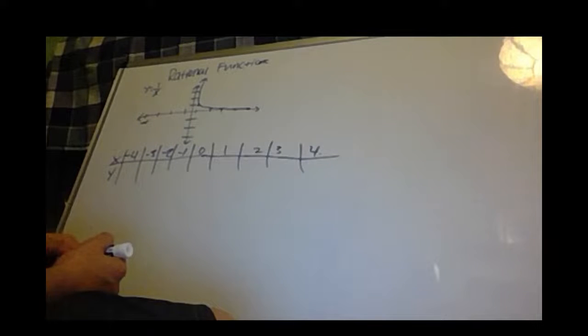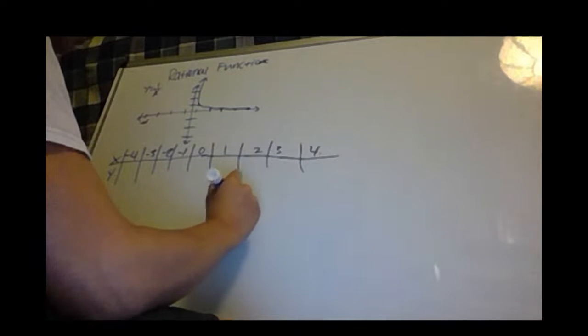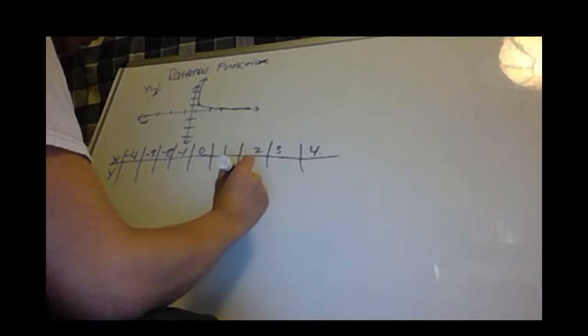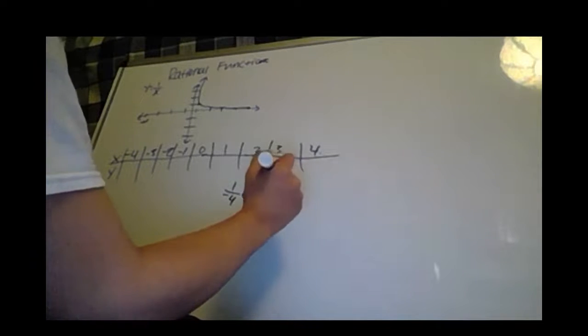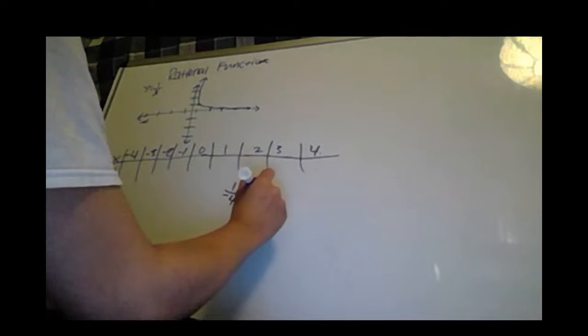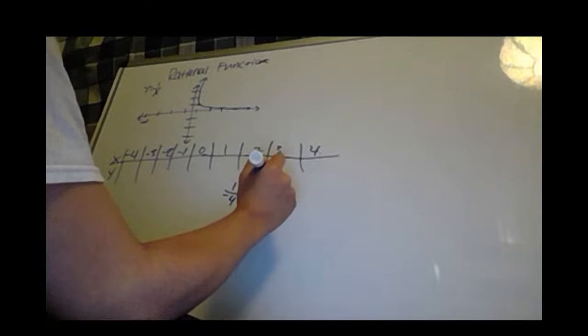And if we look at, for example, 1 over negative 4, that's approximately equal to, oh god, what is it? Negative 0.25, right? If I'm correct.